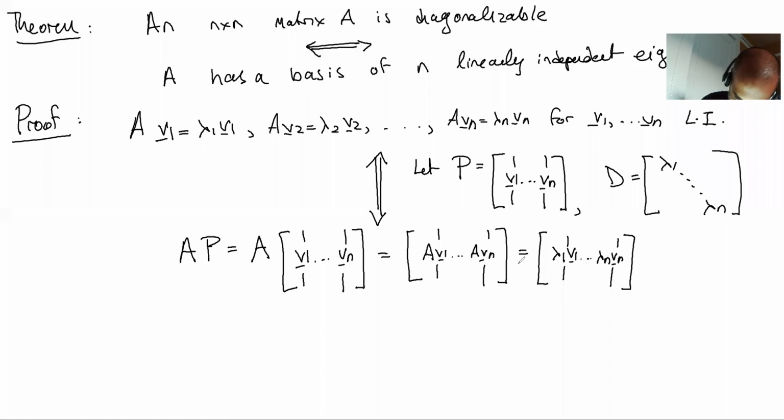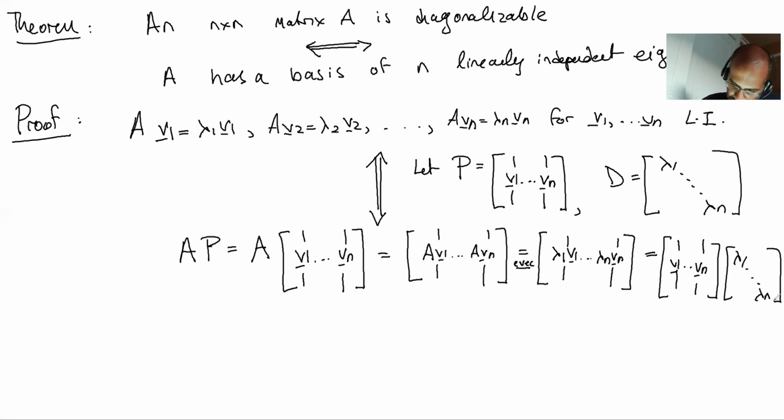So this is where I use the eigenvector equation, right? But now, this is something you may not be familiar with, but you can verify it. This is literally equal to P times D. So maybe I'll write out the matrices. This is equal to v1 to vn times this diagonal matrix. You can just check that. And then that's just equal to P times D.